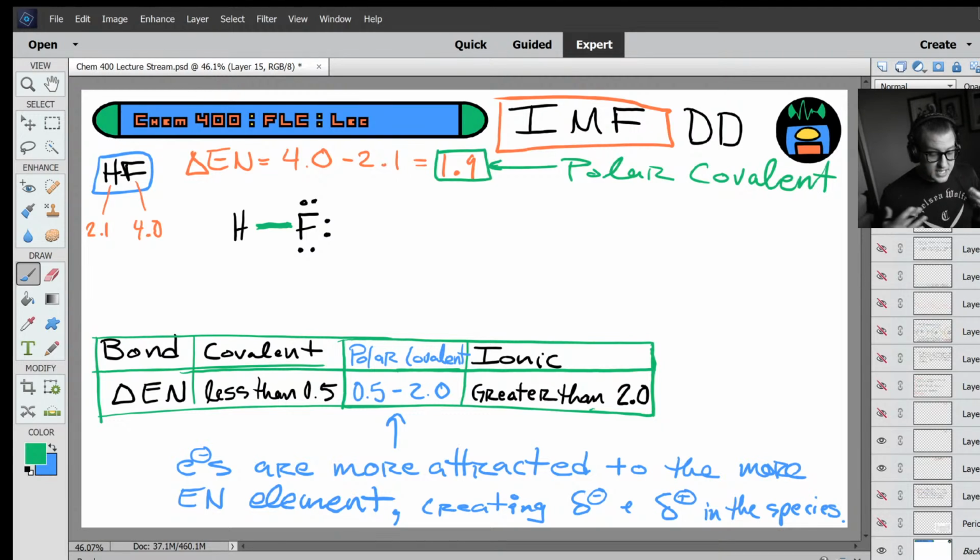In fact, they spend more time around the fluorine than the hydrogen. And because they spend more time around fluorine, because it's pulling harder, it's more electronegative, a partial negative charge develops on fluorine, and a partial positive charge develops on hydrogen.